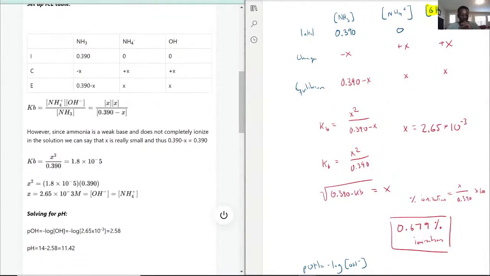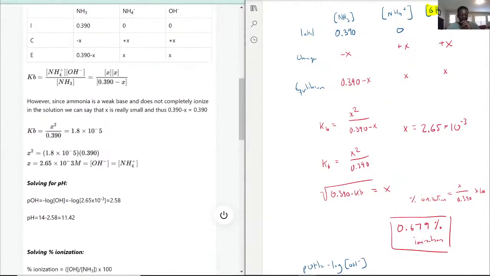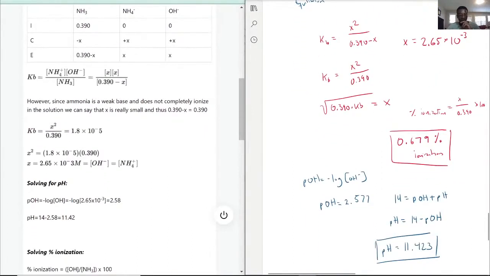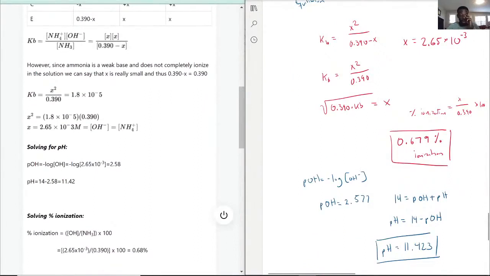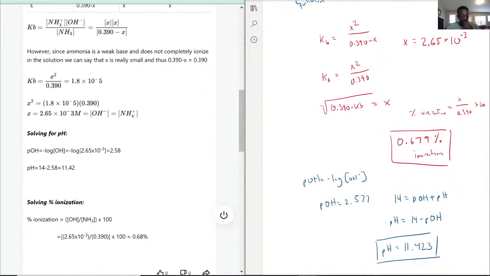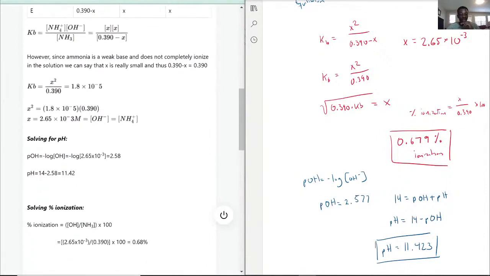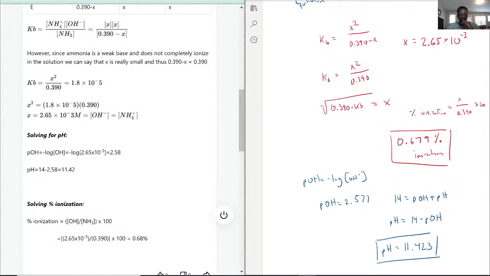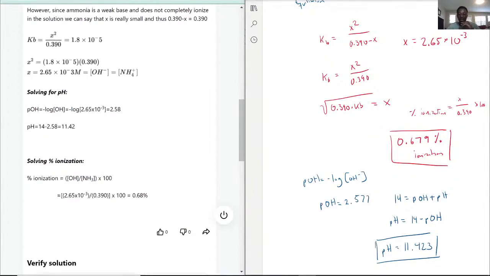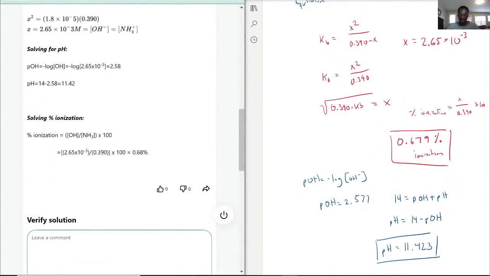And so the first thing they did was find the pH, which was indeed 11.42, and the percent ionization was the amount of hydroxide produced versus the total we were dealing with, not just the NH3, because technically the NH3 now is a little bit less. And the percent ionization was 0.68, which is what I got. They just rounded a little bit differently. So this is correct.